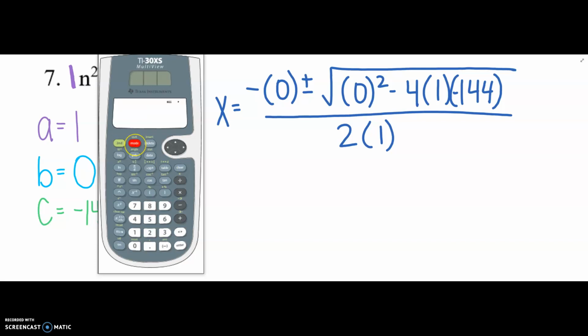So the first thing that we'll press is the fraction button, and we have negative 0 plus the square root of 0 squared minus 4 times 1 times negative 144, all over 2 times 1. When I press enter, that gives me x equals 12.